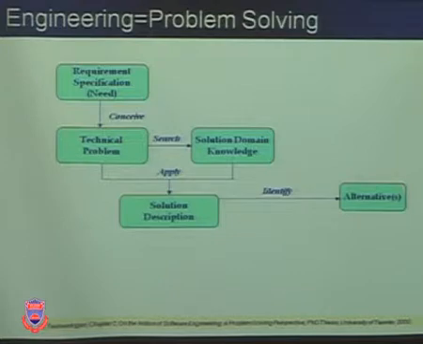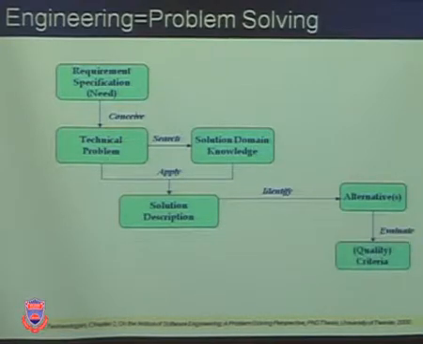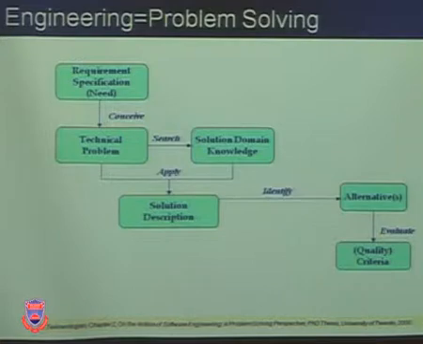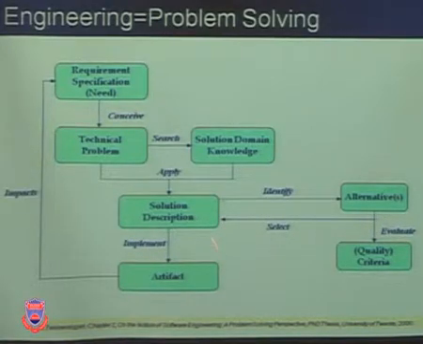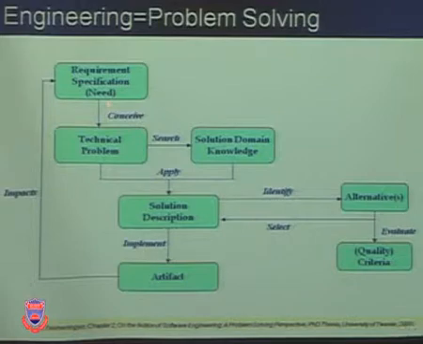We could have alternatives, alternative solutions. These alternatives are evaluated with respect to some quality criteria. We are not interested in all alternatives. We select a feasible alternative, and once we have the alternative, we implement this. The artifact by itself can again impact the requirements specification.